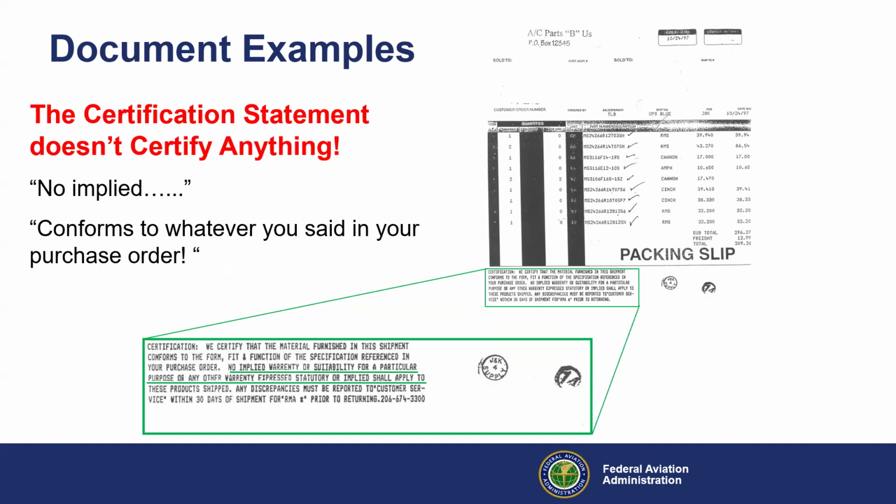Here's one that's a certification, but they're not really certifying anything. It says no implied, it conforms to whatever you said in your purchase order. But they do have some really nice stamps.